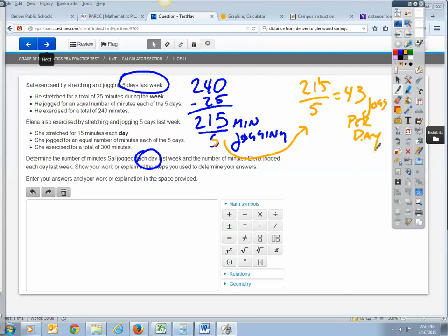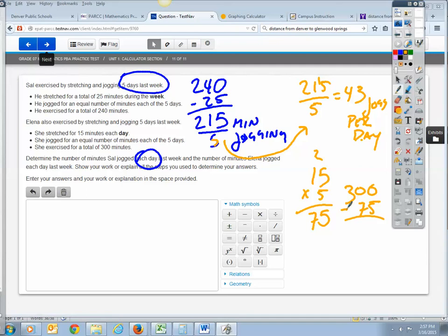For Elena, on the other hand, she had 15 minutes each day. Well, that's a lot of stretching, my goodness. So 15 minutes of stretching for 5 days. So you multiply it out and you get 5, carry the 2. That's 75 minutes of stretching. No wonder she had so many more minutes than Sal.